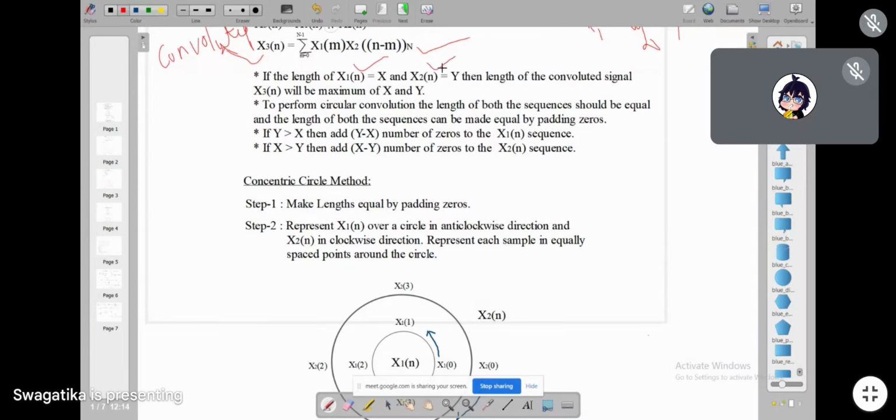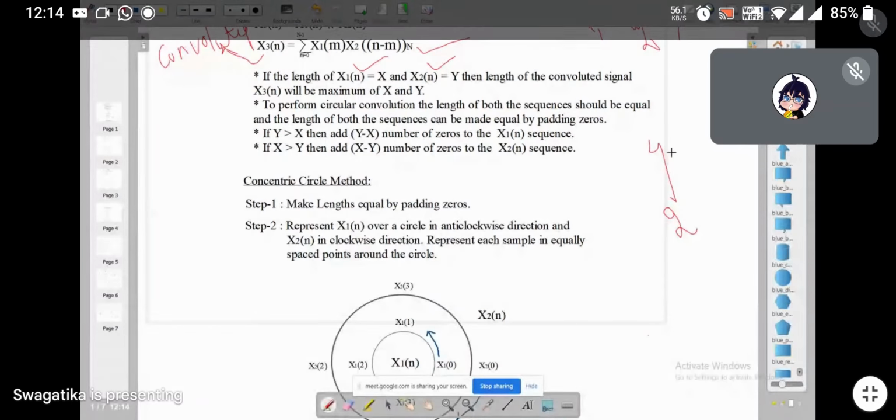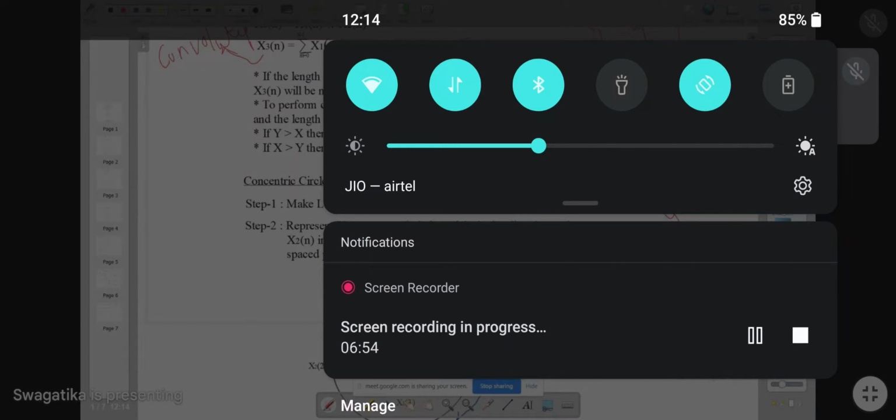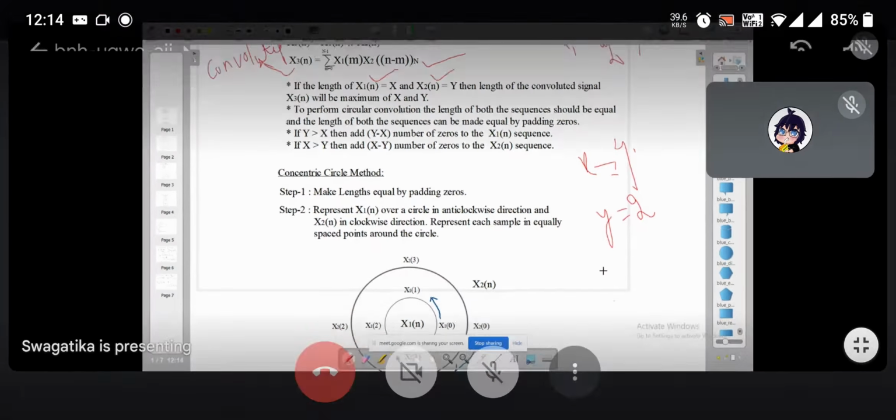Suppose the length of x1 is 4 and the length of x2 is 2. Then you have to add some zeros to make both lengths equal. Now how will you add the zeros? Suppose this is x and this is y, and x is greater than y.